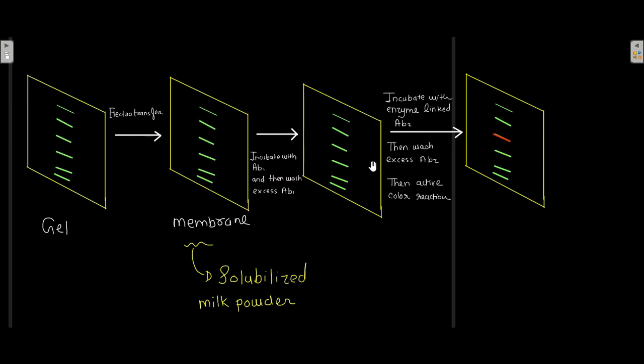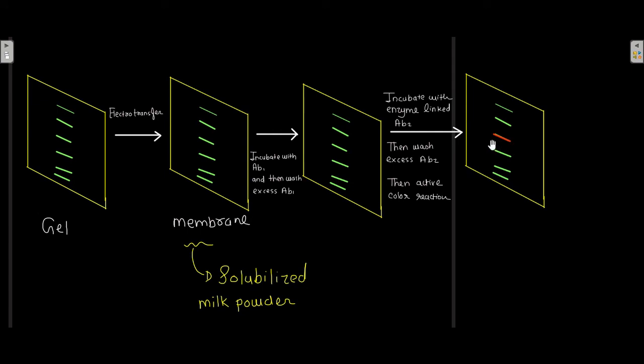When we treat this with the appropriate substrate, a color change on the membrane occurs and we are able to observe AB2. If we are able to observe AB2, it means we are able to observe AB1, and if we are able to observe AB1, then that is our target protein.